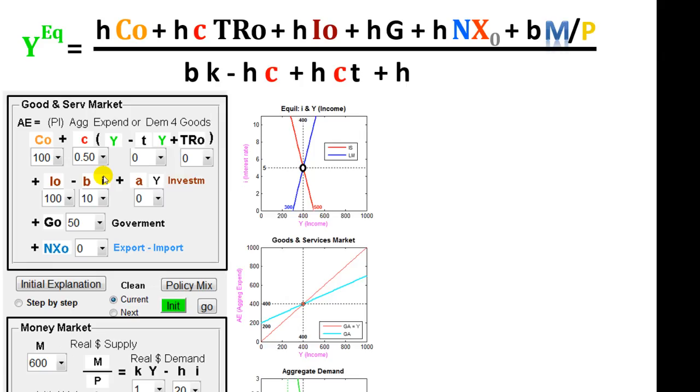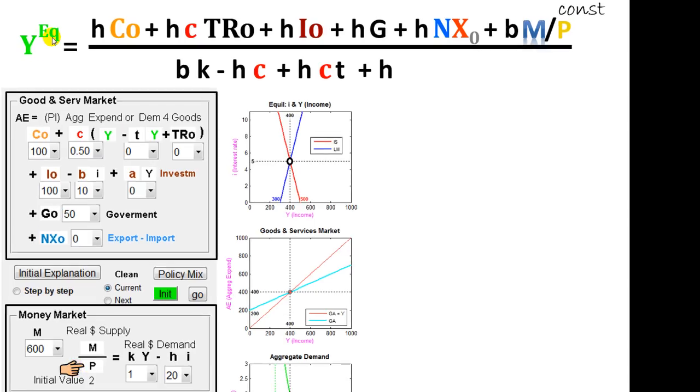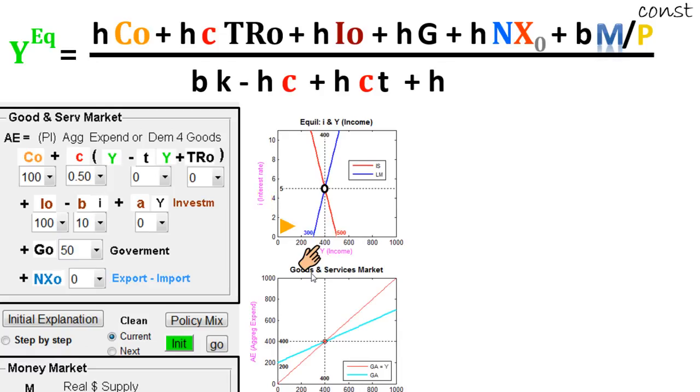But remember what we pointed out in the last video, that among all of these values, it's very important to point out that we are using this initial value 2 for the price level, so this P is constant. So using all of these values, including P equal 2, we get income in equilibrium, which is this 400 here.